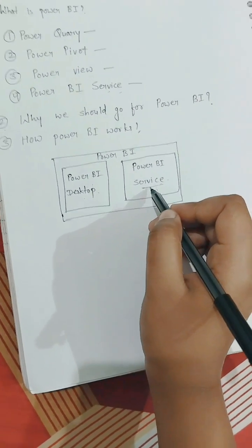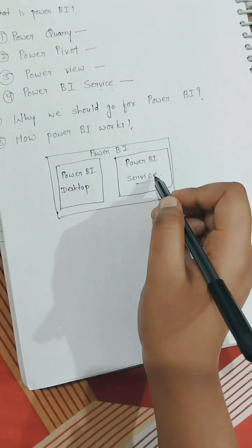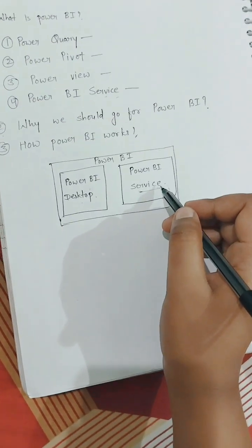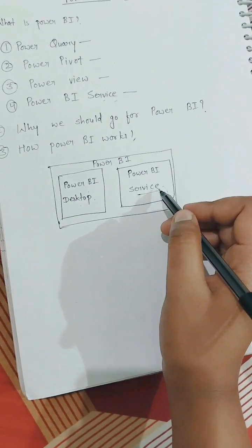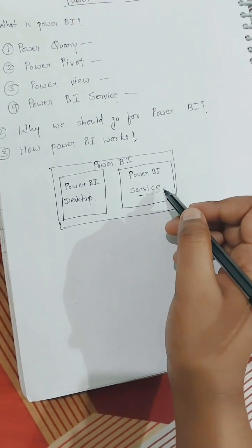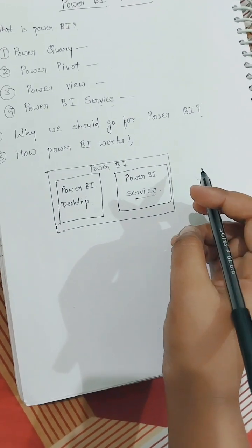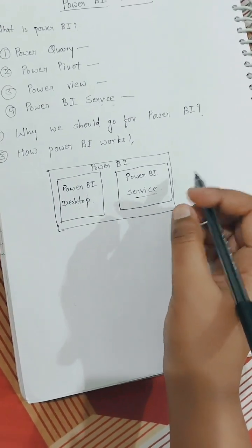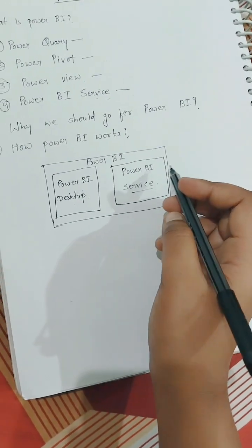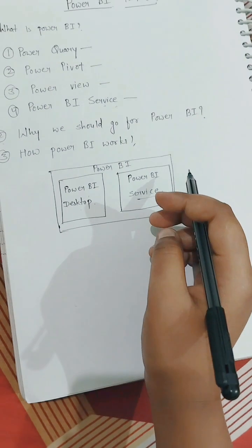With the help of Power BI service, if we want to share with different people, we can share with Power BI service. Suppose when we have to create a dashboard, we need some data. We pull our data from many sources like Excel, CSV, SQL, SharePoint, PDF, OneDrive. Power BI has multiple options to import our data.